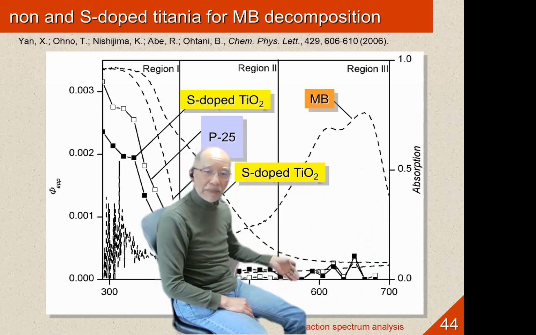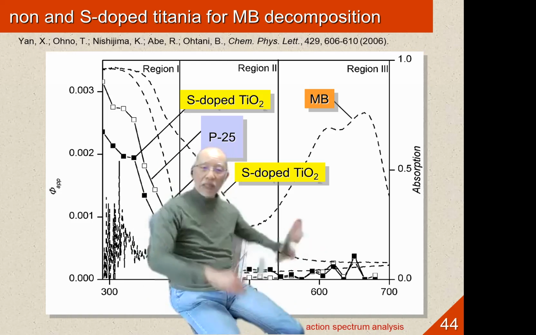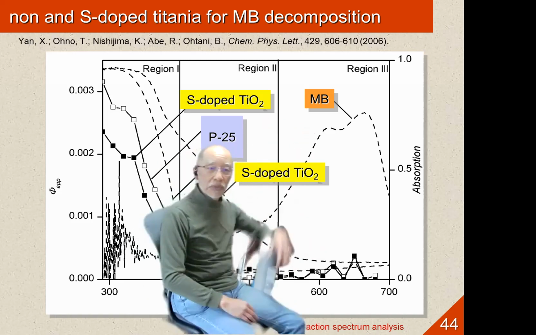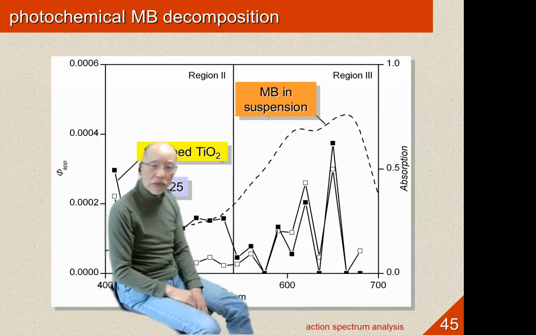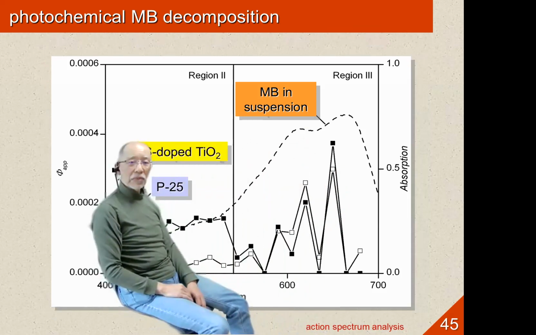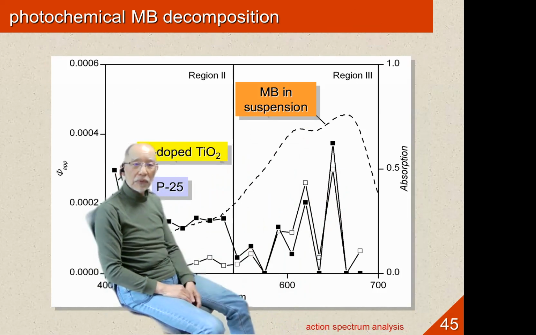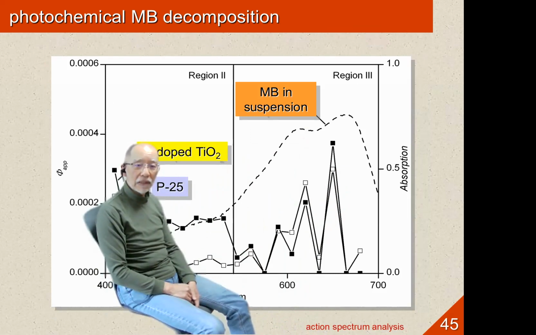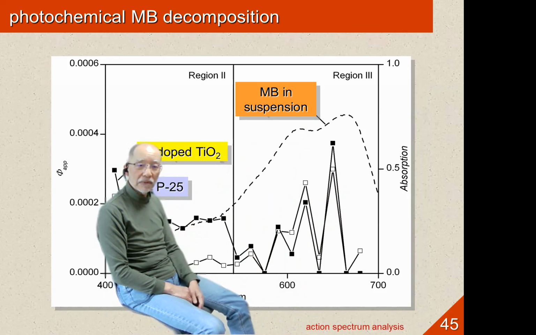So some methylene blue is decomposed at this wavelength. And this wavelength is similar to the absorption of methylene blue itself. In this region, no absorption for both sulfur-doped titanium and P25. But actually, methylene blue is decreased by photoirradiation.